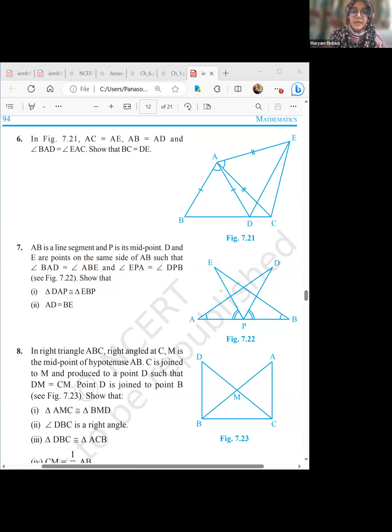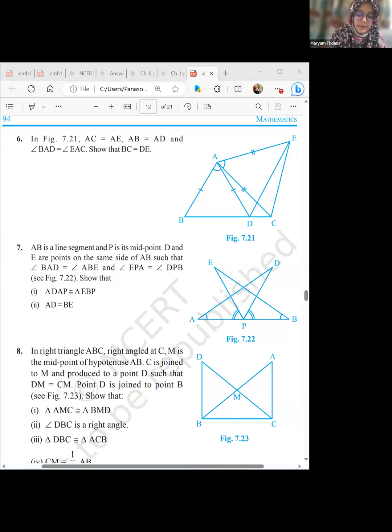Such that angle BAD. For angle BAD, I have to first join A and D. Now this becomes BAD. Why? B is over here, A is over here, and D is over here. So from B to A, and then from A to D. So this is my angle BAD. Angle BAD is equal to which angle?